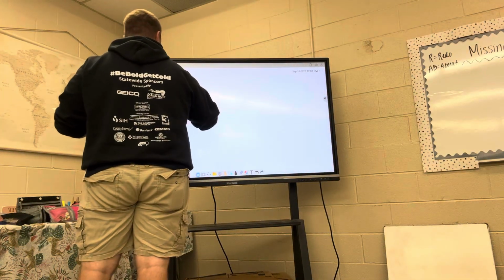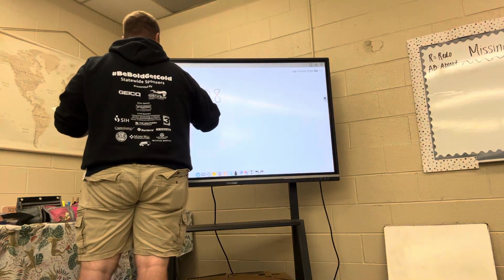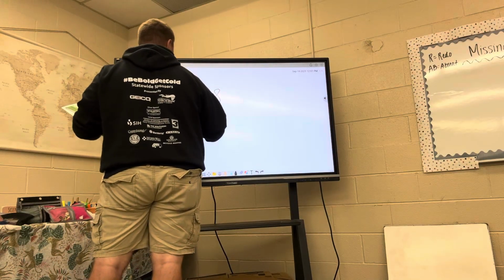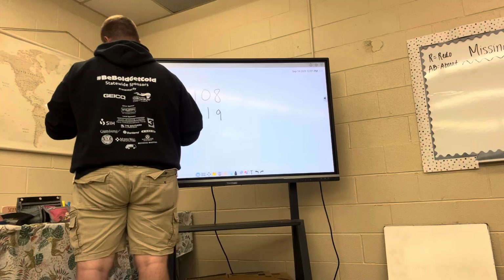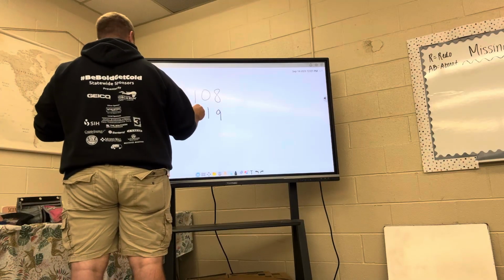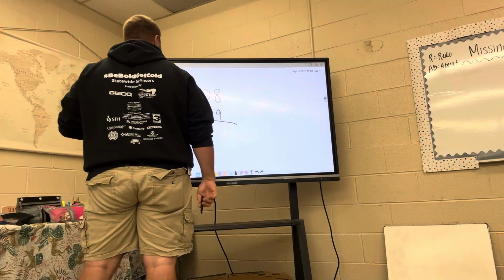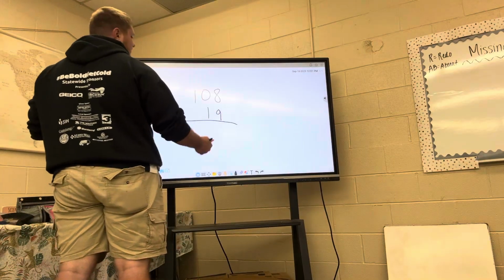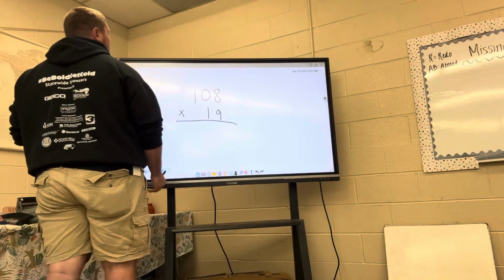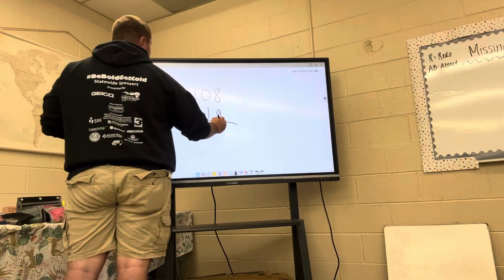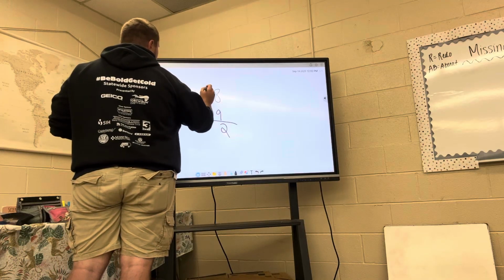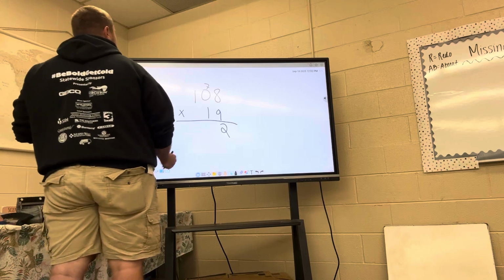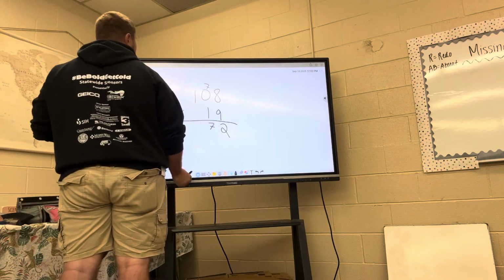It would be 108 times 19, because this is the length, this is your width, it doesn't matter what order you do because you're doing multiplication. So now you start like we've been doing the whole time. 8 times 9, which is 72, carry the 7. 9 times 0 is 0, but 0 plus 7 is 7, and 9 times 1 is 9.